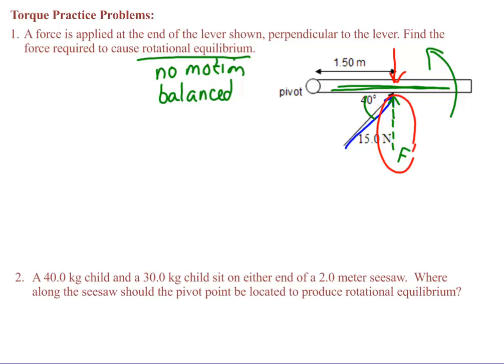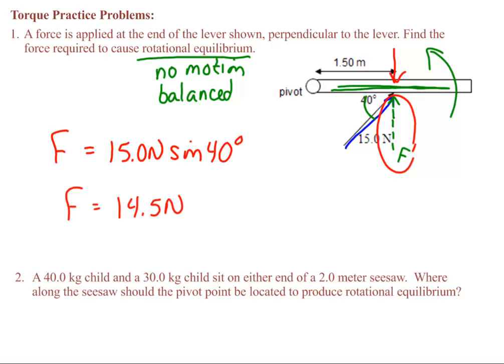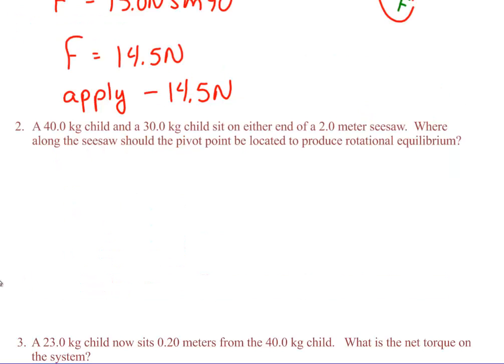So we can easily find that. So right now 14.5 newtons is being applied to cause the object to rotate in a counterclockwise motion. So we need to apply 14.5 newtons, but in the opposite direction. So we'll make it negative 14.5 newtons. It's helpful many times to draw pictures when you're doing these problems.